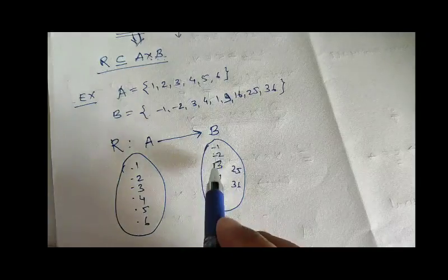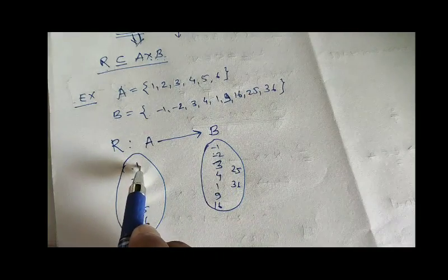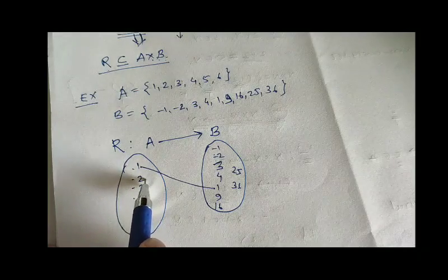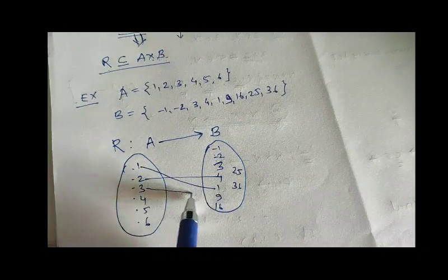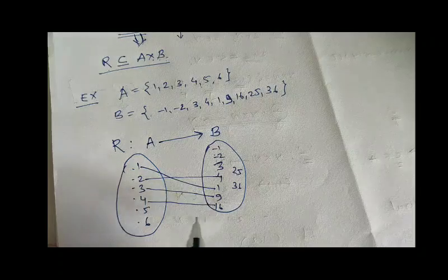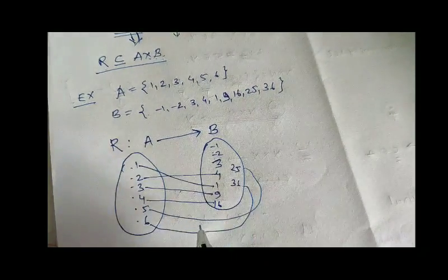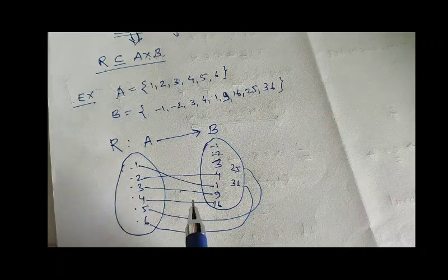I associate like this: 1 associates to 1, 2 associates to 4, 3 associates to 9, 4 associates to 16, 5 associates to 25, 6 associates to 36.